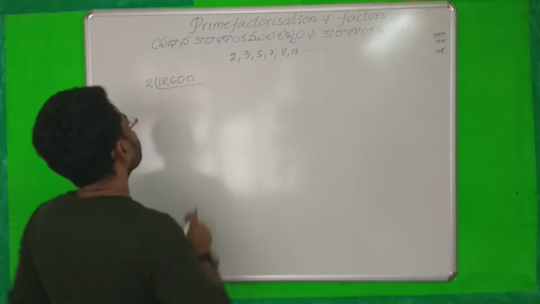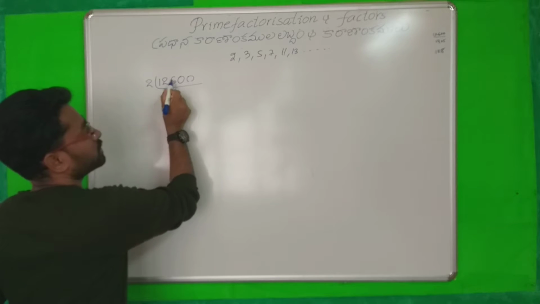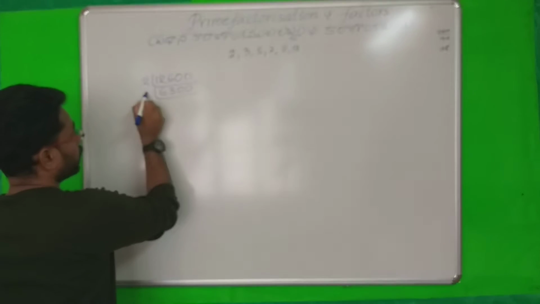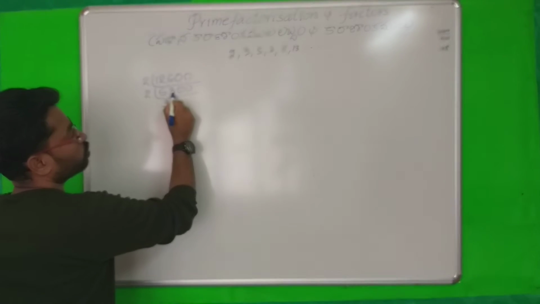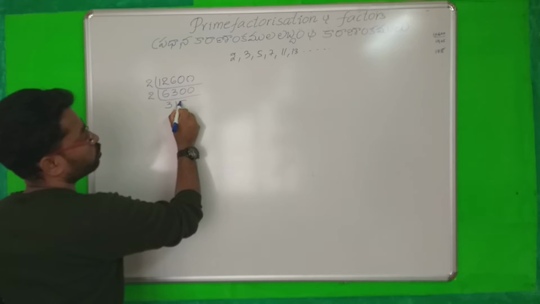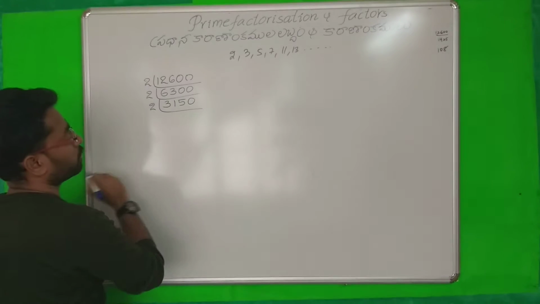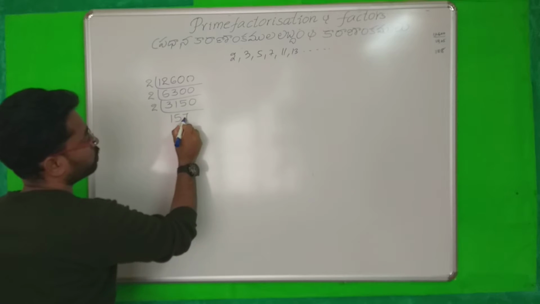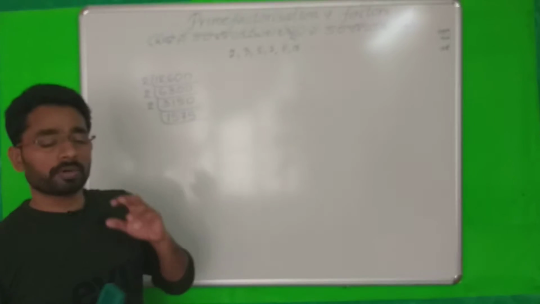So now, 2 how many times? 2 sixes are 12, 2 threes are 6, and 2 zeros are 0, so 6300. 2 times, again 2 times. Now 2 ones are 2, 1 is remaining, 10, 2 fives are 10 and 0. Again divisible by 2, 2 ones are 2, 11, 2 fives are 10, and 2 sevens are 14. 5 times, and it is not divisible by 2 now.